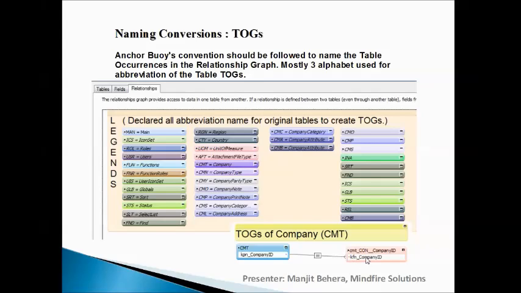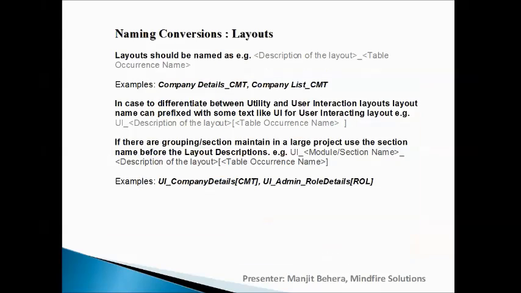The CMT first signifies that this is the parent, the company, then underscore, then the next table name, CUN, which stands for contact, then double underscore, the mapping field name, the relational field name, that is the company ID. This is the basic structure for the definition and naming convention of TOGs, table occurrences.